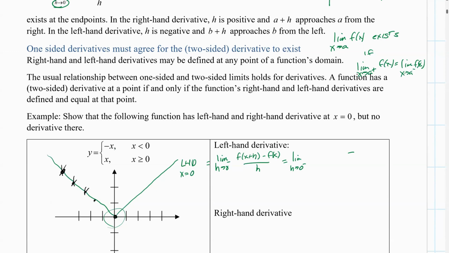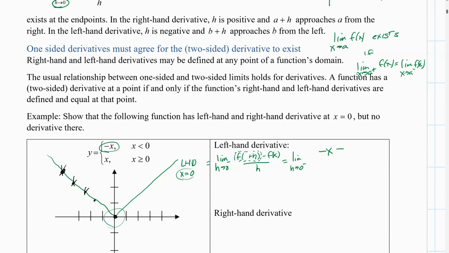When h is close to 0 but negative, the values inside this, the input of that function, are negative, which means I must use that part of the piecewise definition, negative x, minus f of x, would be f of 0, because I want to know what's going on at 0.